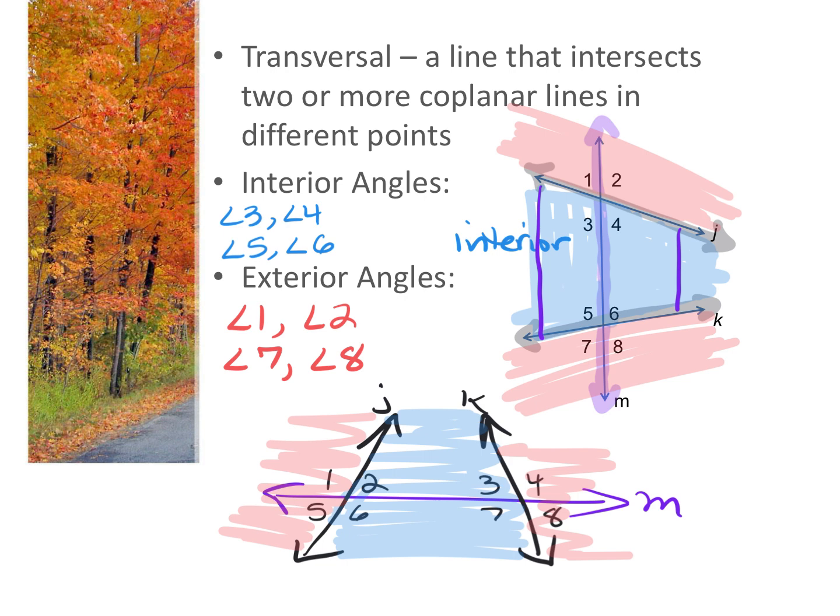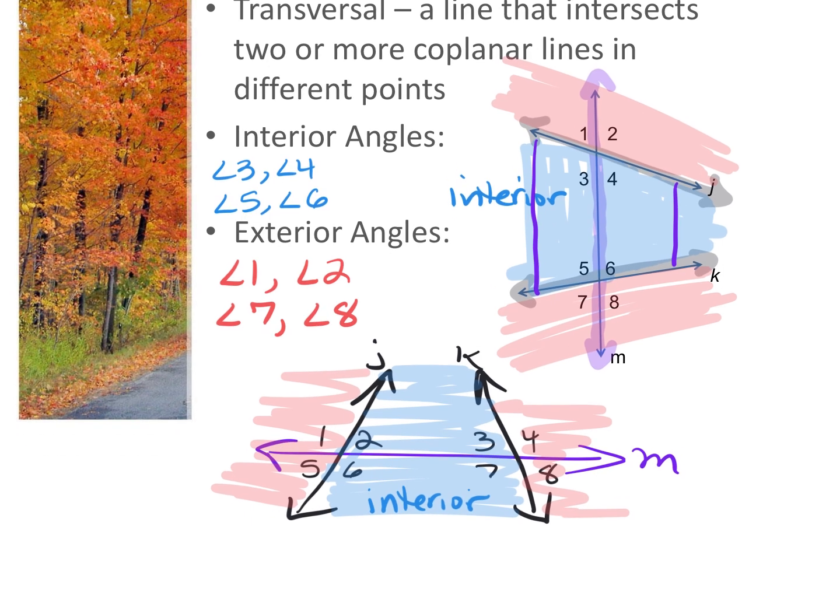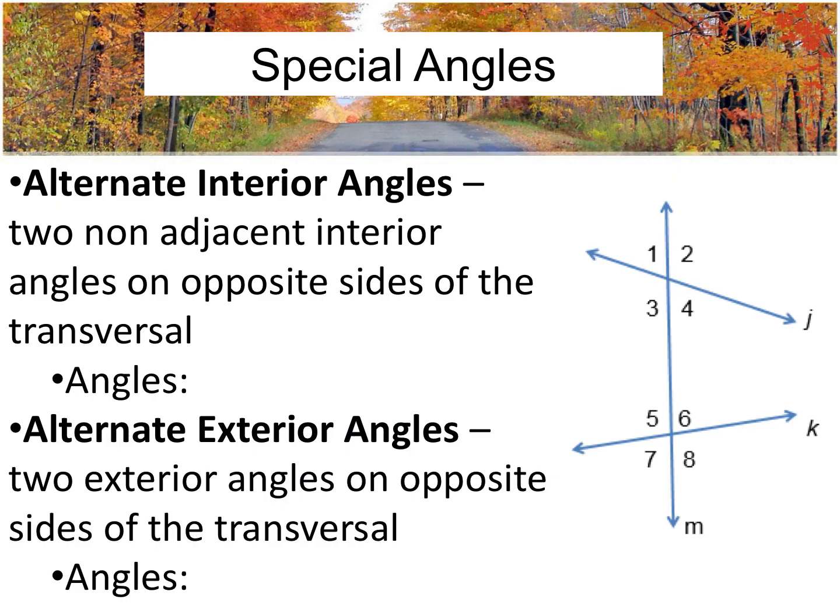So again, my interior angles, this is the inside or interior, and then the red is the exterior. So my interior angles are 2, 3, 6, and 7 now, and my exterior would be 1 and 5, and 4 and 8.